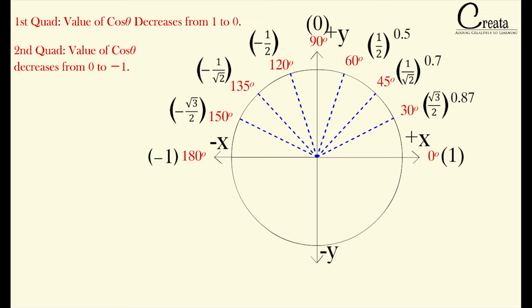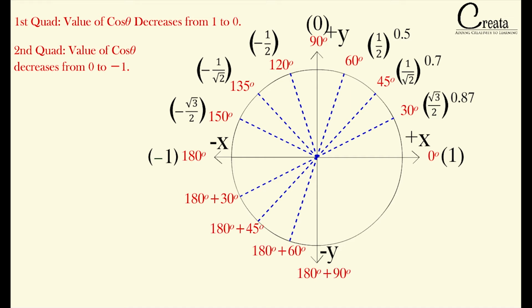Okay. Let's move to our third quadrant. The applicable angles will be 210, 225, 240 and 270 degree. We can rewrite these angles as 180 plus 30, 180 plus 45, 180 plus 60 and 180 plus 90 degree. Here the applicable formula will be cos of 180 plus theta.